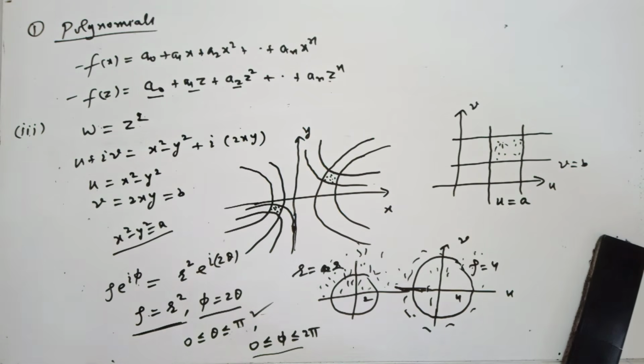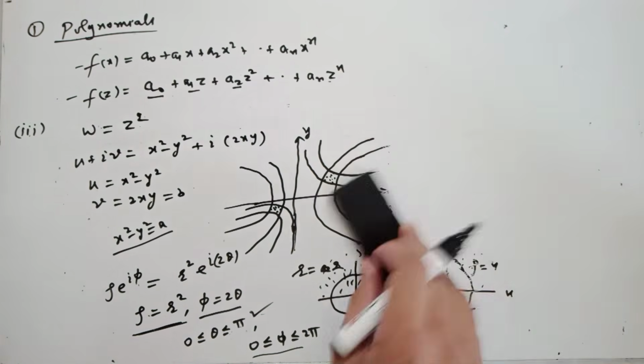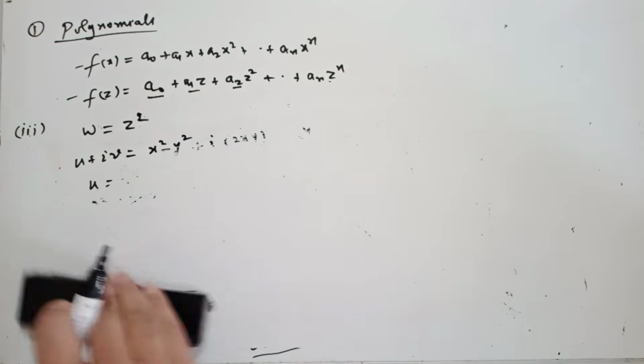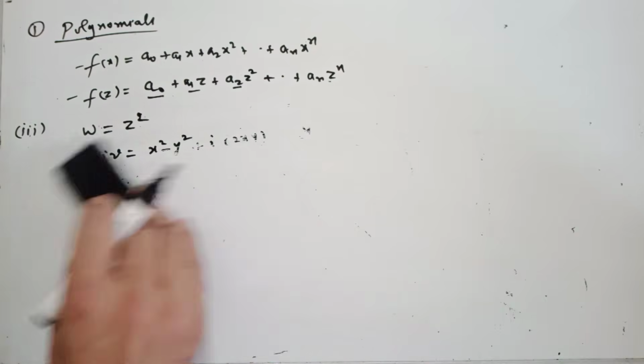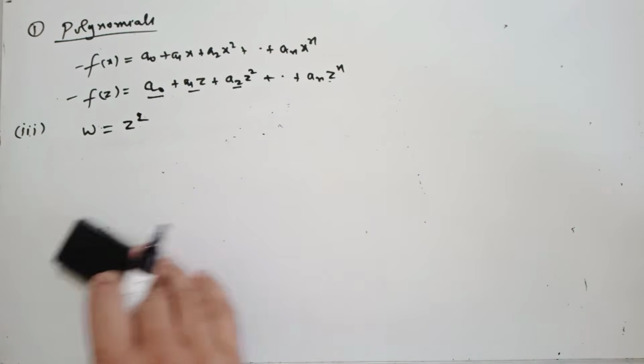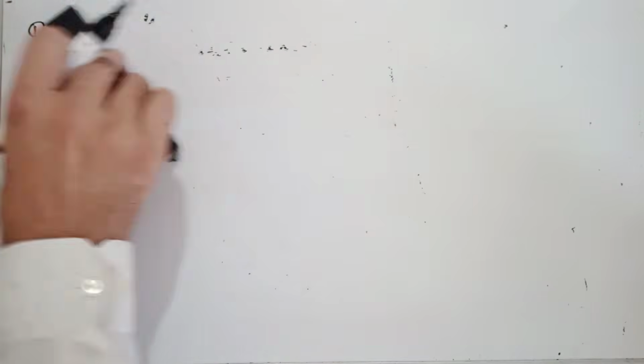So you see how interpretations are made from a given mapping. You will see more examples. Complex mappings are not like real mappings. You have to show the domain in the xy plane and the range in the UV plane.